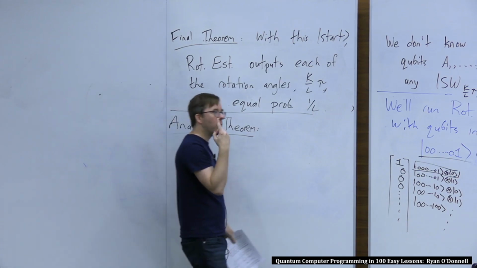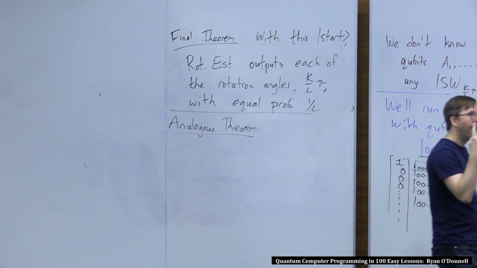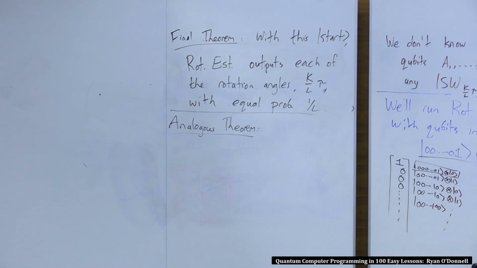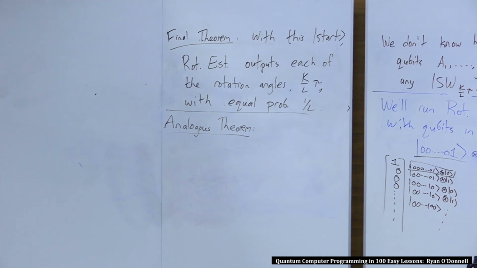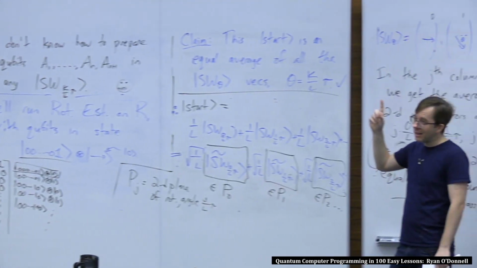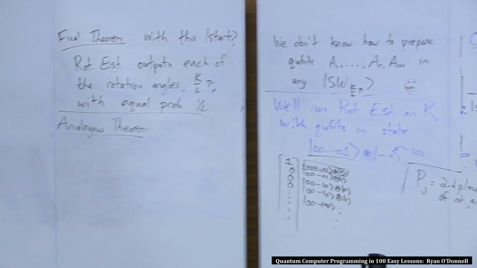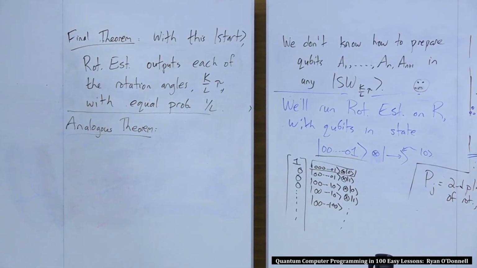So again, what's going on? If you think about it, how does rotation estimation work? It takes a vector, that's the starting vector, and it does a bunch of different rotations on it. It rotates by theta, and then it rotates by 10 theta a bunch of times, and 100 theta a bunch of times, and 1,000 theta a bunch of times. And all the while it's doing this Hadamard test.